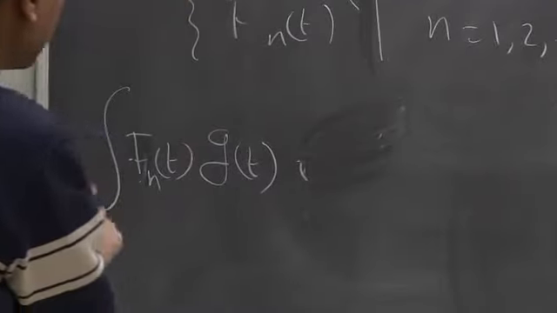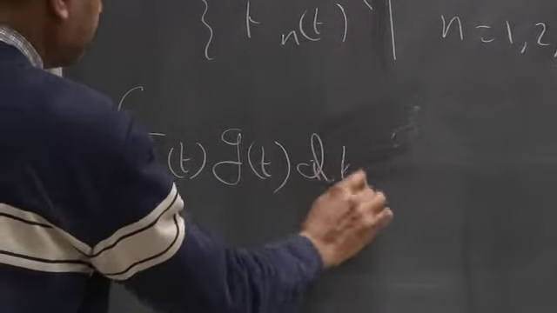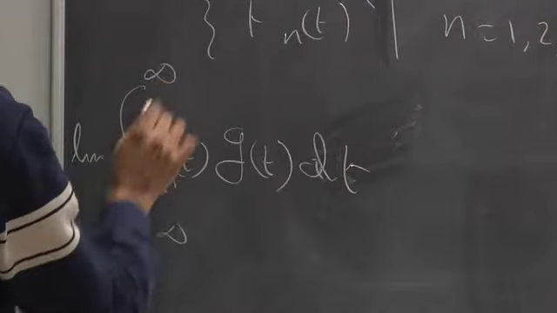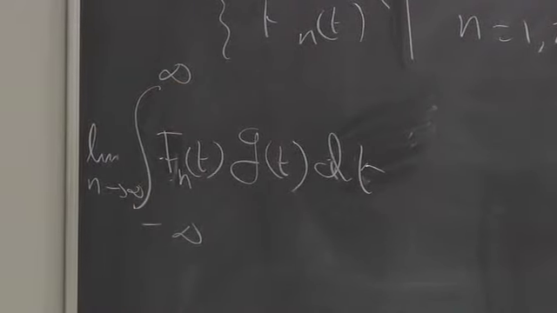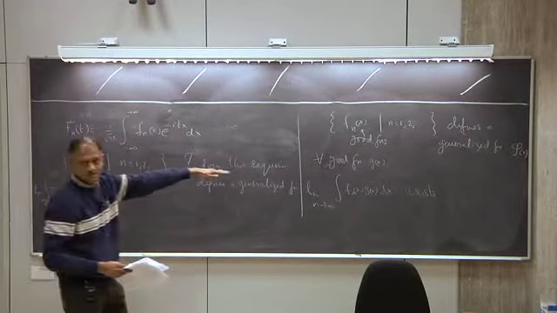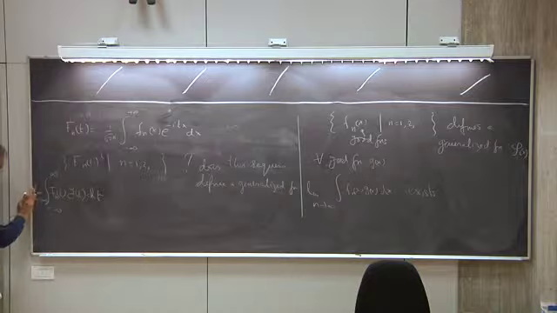I just want to see whether this limit exists as n goes to infinity. This is the question. If the limit exists, then the answer to this question is yes. So before taking the limit n goes to infinity, let us just consider this integral.